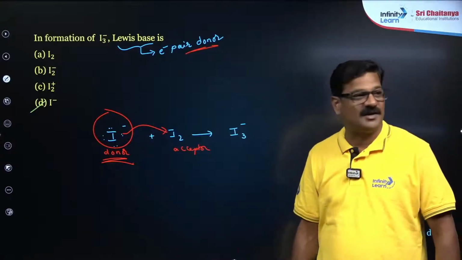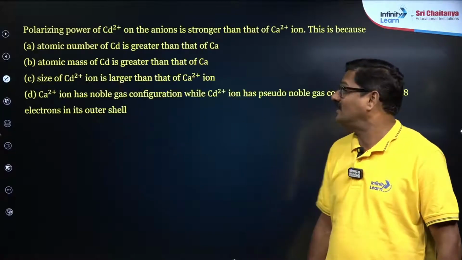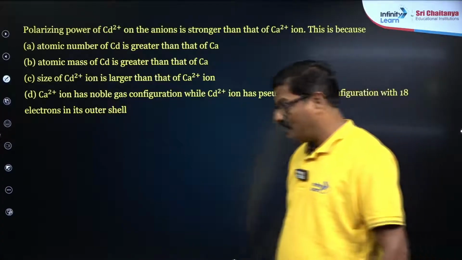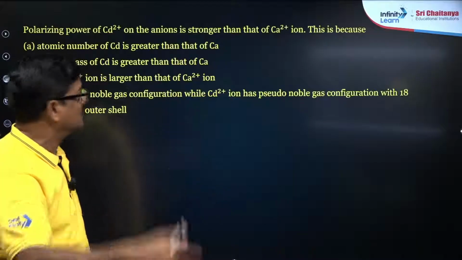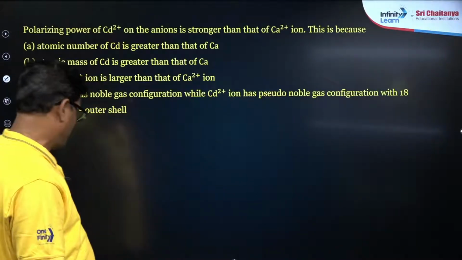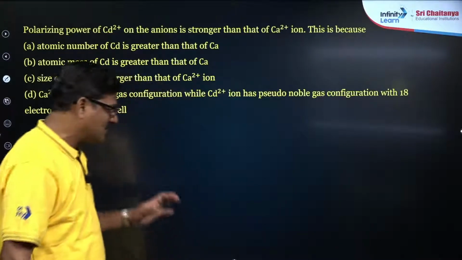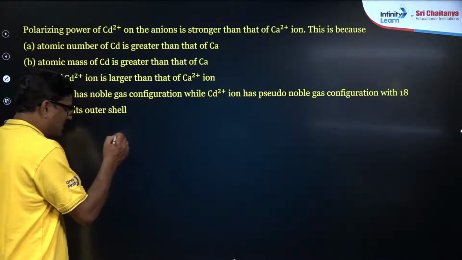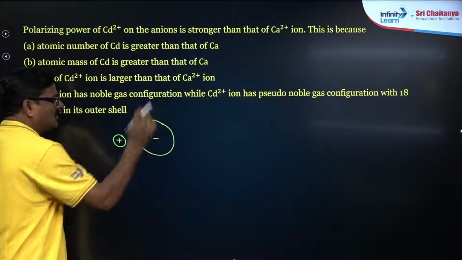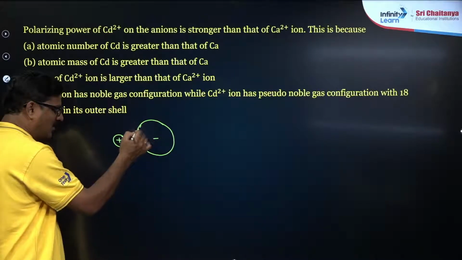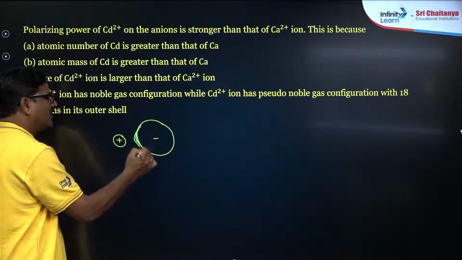Fine. Are you ready for one more question? The polarizing power of cadmium 2 plus on the anions is stronger than calcium 2 plus, and this is because of... I just want to say this is a cation and this is an anion. So the anion is deformed in its shape.